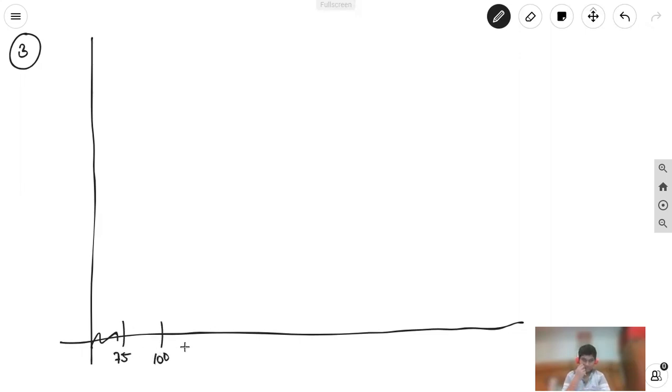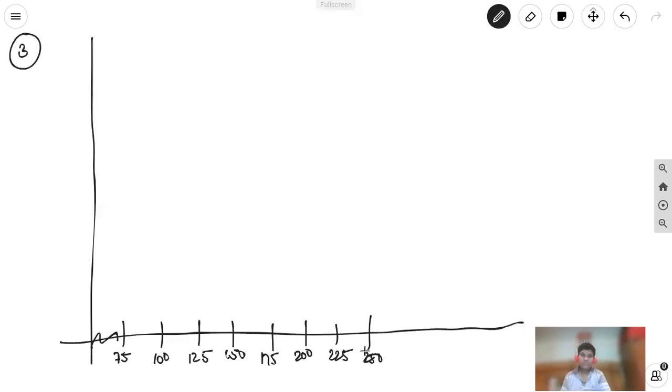On the x-axis, we are taking the intervals 75 to 100, 100 to 125, 125 to 150, 150 to 175, 200, 225, 250.